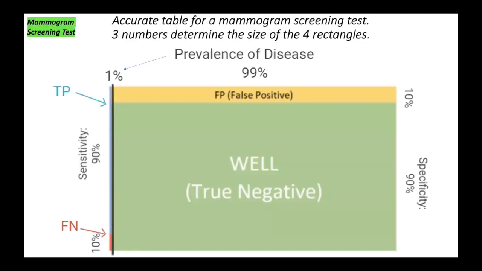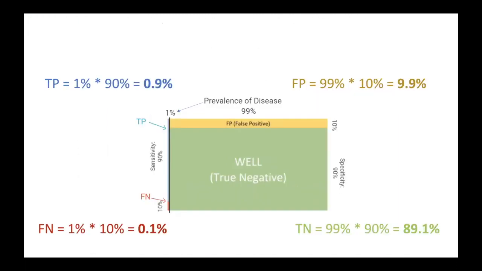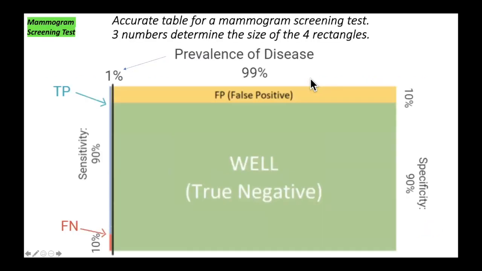And I want to go back to the mammogram screening and take you back and just review one more refinement. So you remember you did this calculation and you came up with 8.3.